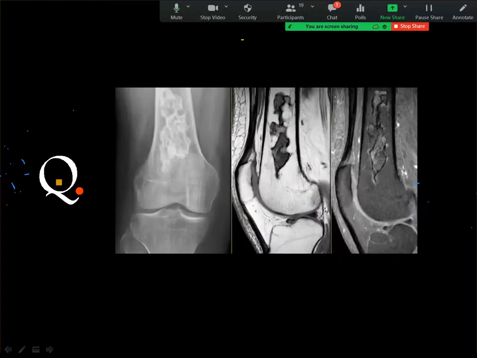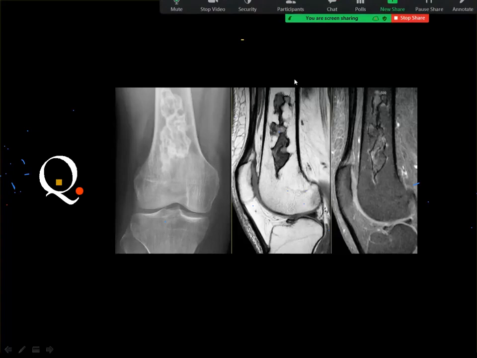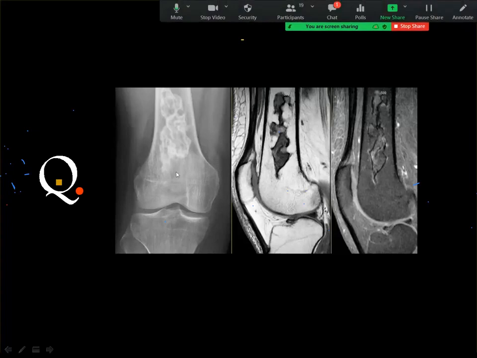Okay, next case. Bone infarction, right answer. This is the classic appearance of bone infarction in the plain X-ray and also in the CT scan. You see intramedullary bizarre shaped calcification, or what's known as the Chinese figures.